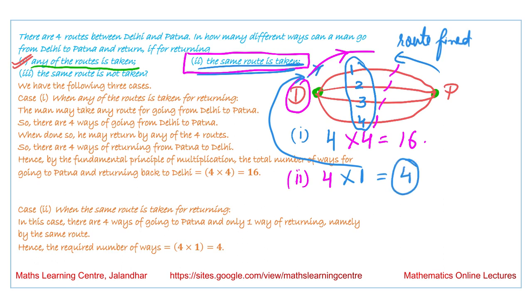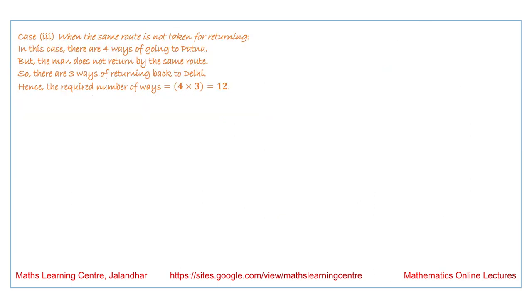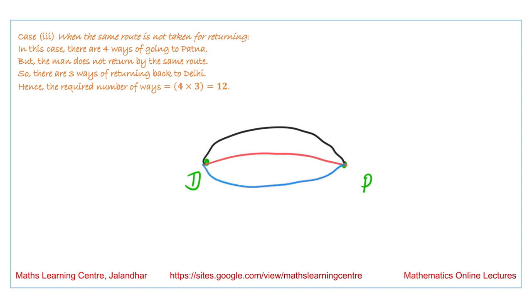And the last case is where the same route is not taken. In this third case, when he is going from Delhi to Patna, he can choose any of these ways, 1, 2, 3 or 4. Now suppose the route he has opted is this route.